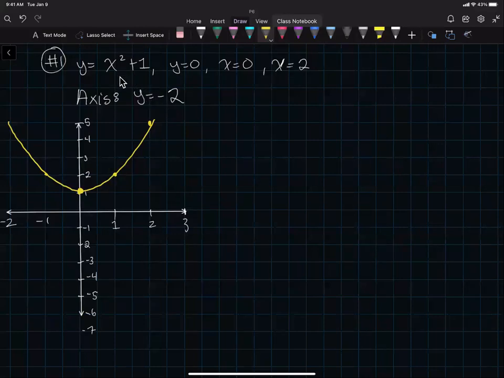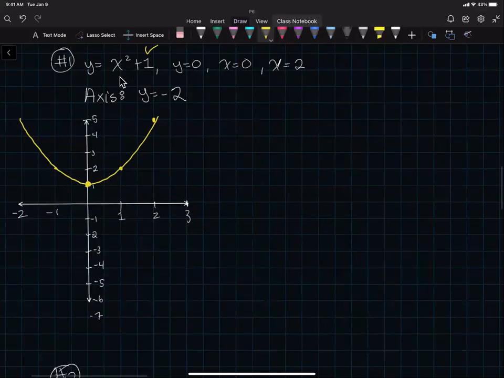So I did the first one, y equal to x squared plus 1. Let's do y equal to 0. So y equal to 0 is going to be my x axis. So this is y equal to 0. The next one is x equal to 0. So that's going to be this. Okay, so we did this one.